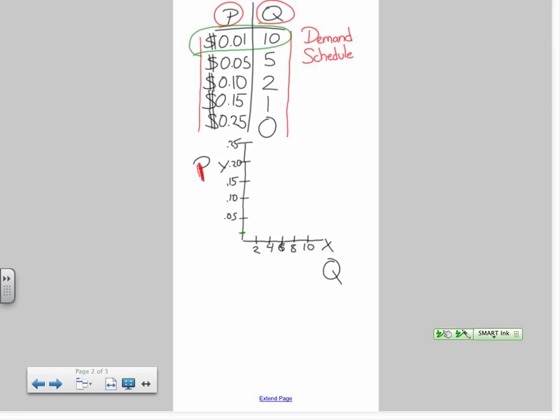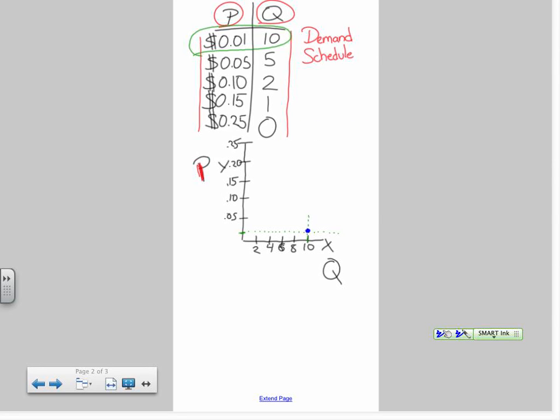And the quantity is at 10. Well, 10 is right about here. So you go over from the 0.01 in a straight horizontal line, and up from the 10 in a straight vertical line, and where those 2 lines meet, you plot your point.